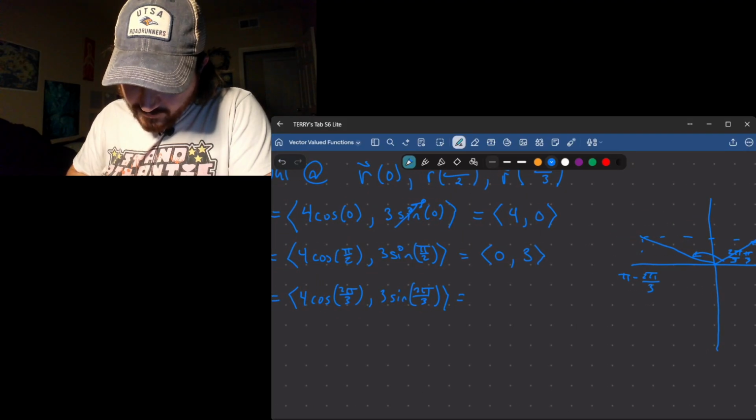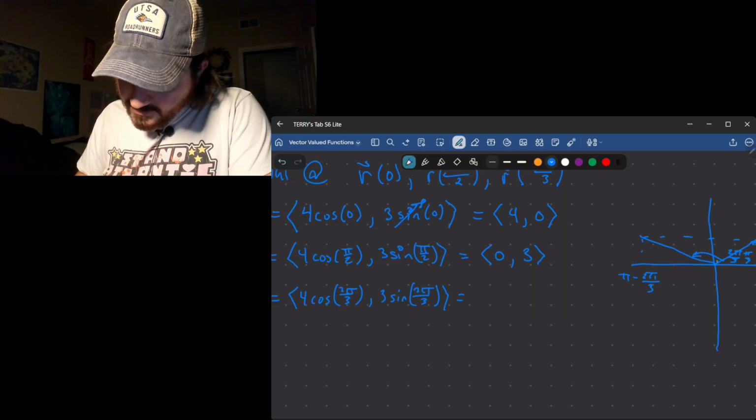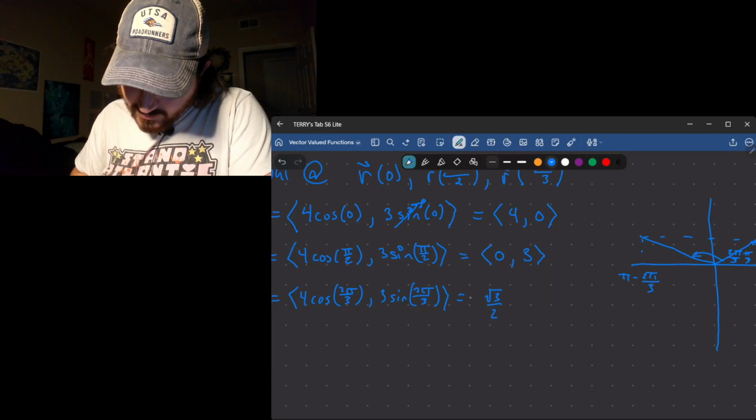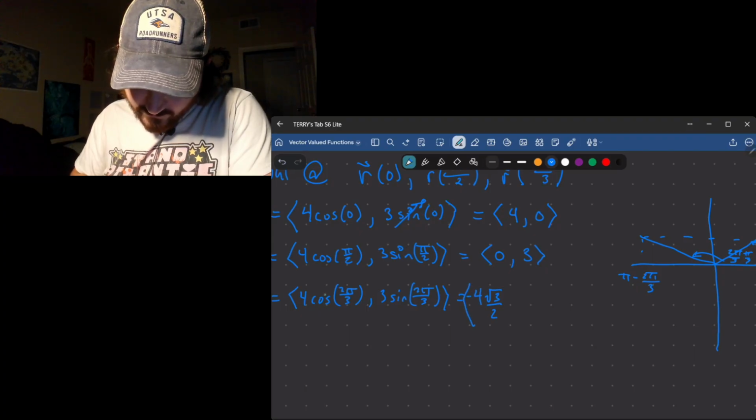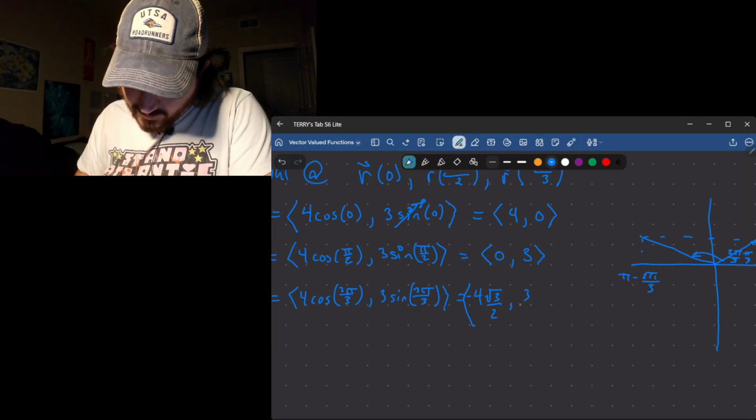So if I have 2 pi thirds cosine, I need the x for pi thirds, which we already know is root 3 over 2, and then, like I said, we're going to flip the x, so we've got negative, and then we still have our 4. Okay, and then we have 3. Now sine of pi thirds is going to be 1/2, so that's 3 times 1/2. Oops, that's not a parenthesis, that is an angle bracket.